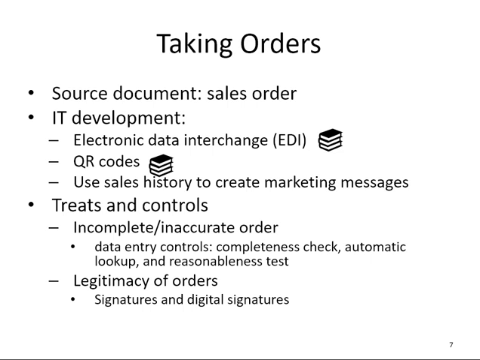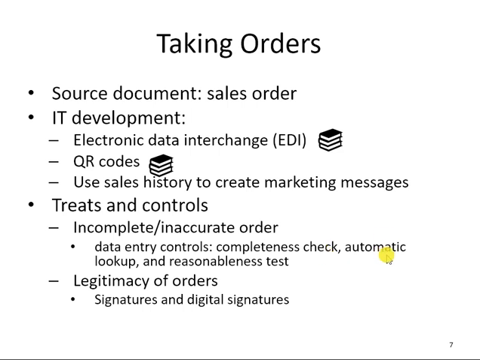So what are the controls we can use? We will have data entry controls, which can automatically help us check the completeness of the order information. If the customer forgets to choose something, the system is going to give the customer a warning: please select size or color.